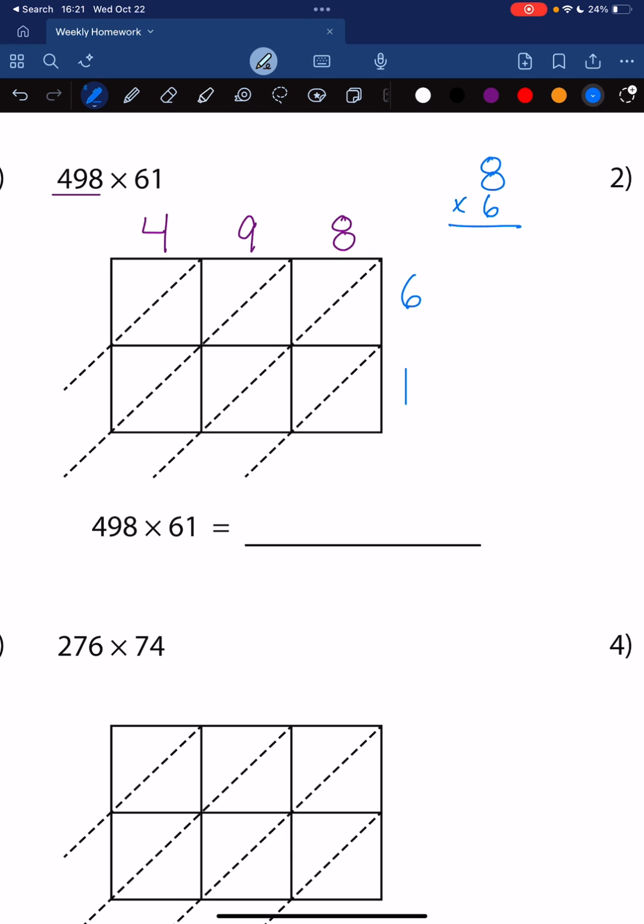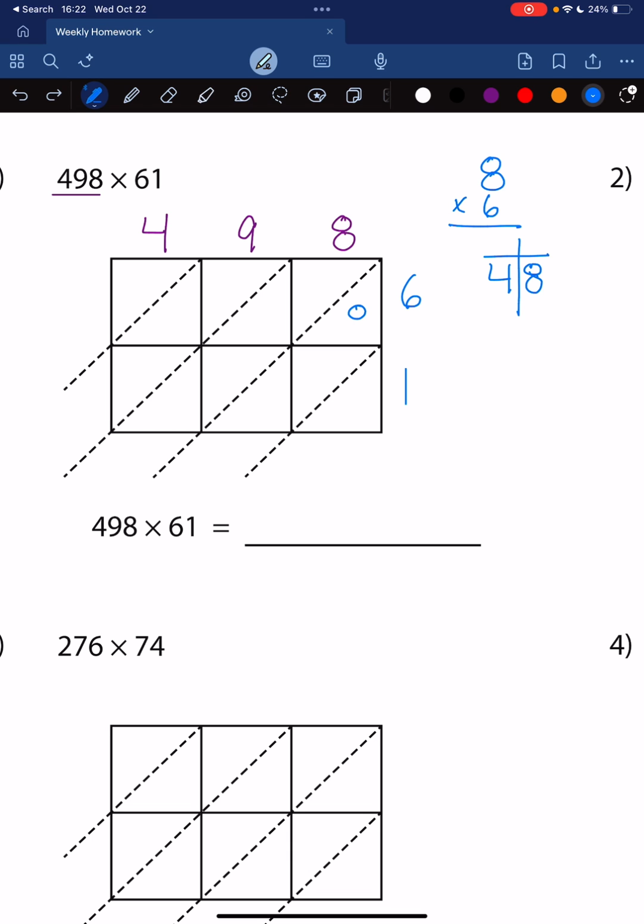Very good. 48, right? And I have a 4 in the tens place, and I have an 8 in the ones place. My 8 in the ones place will always go in this bottom right-hand corner here.